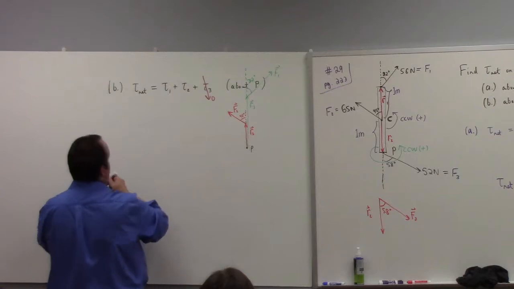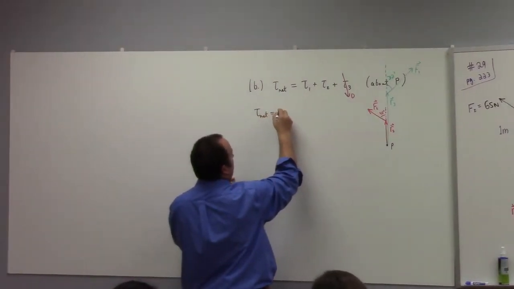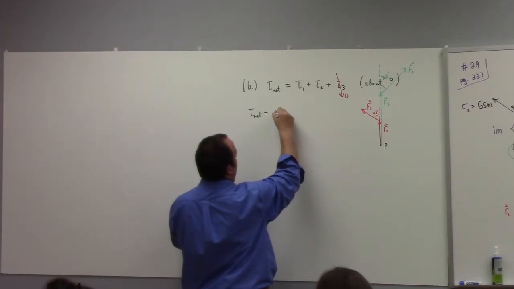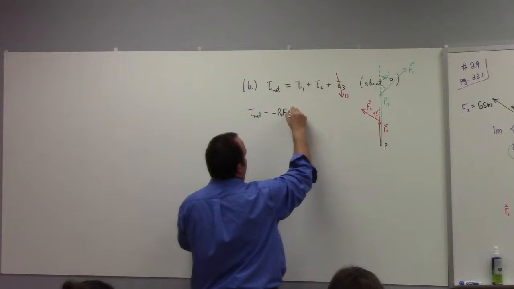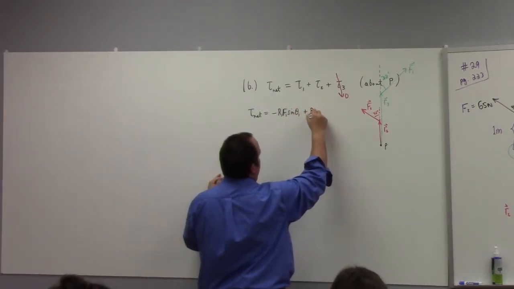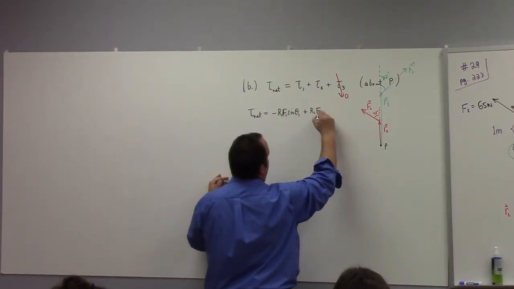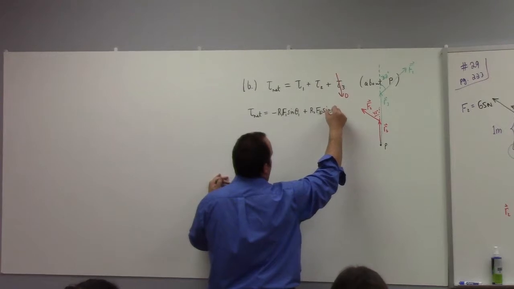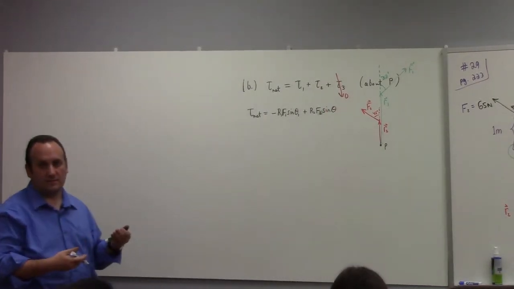I guess that's the same as it was last time, isn't it? So anyway, net torque looks like minus R1 F1 sine theta 1 plus R2 F2 sine theta 2. The forces are the same, but the R's are different, right?